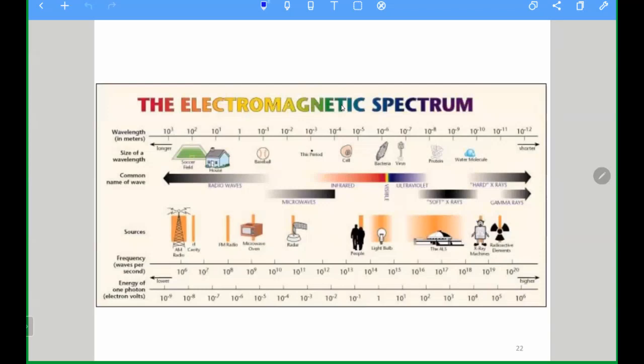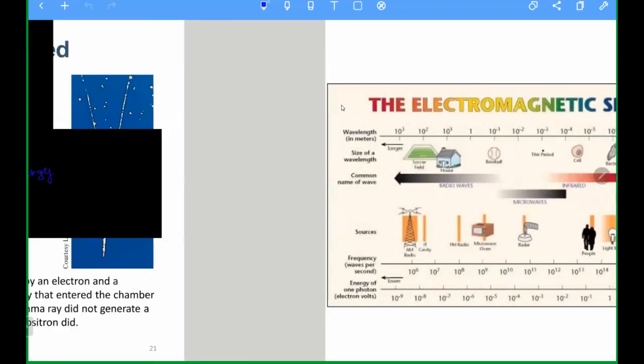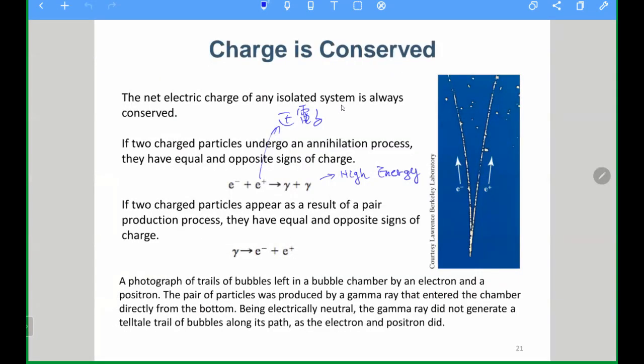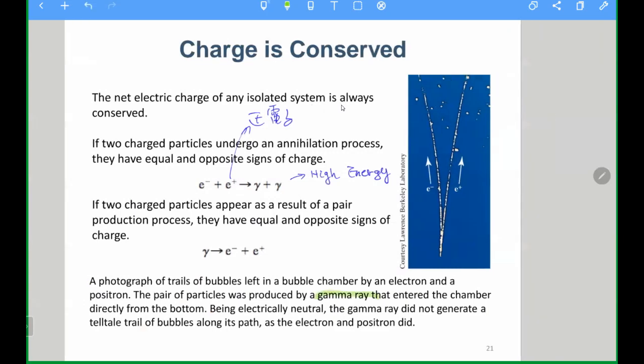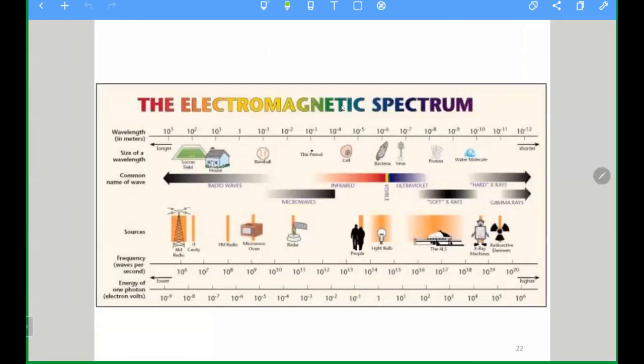Okay, we just talked about something called the gamma ray. It's a type of high energy particle. We will talk about this figure or a similar figure in chapter 33, I think.